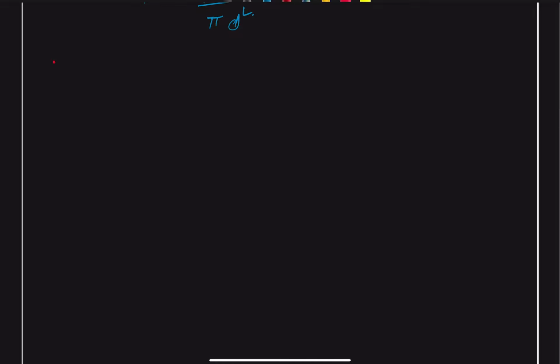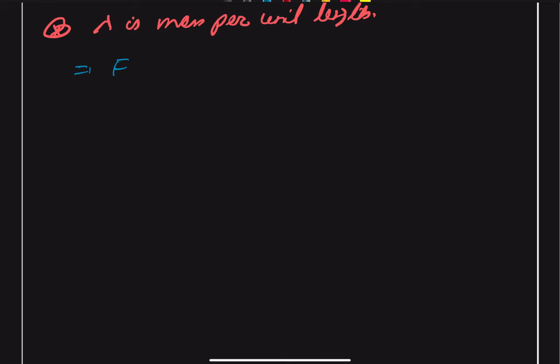So we are given that lambda is mass per unit length. Therefore, we can write F is equal to lambda A, which gives us minus kz is equal to lambda A, and this gives us A equal to minus k upon lambda multiplied by z.